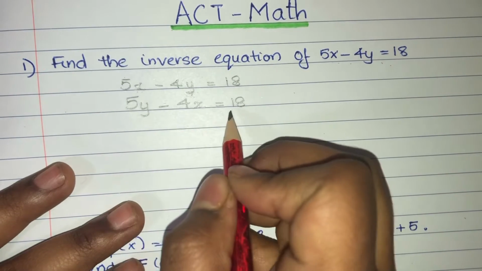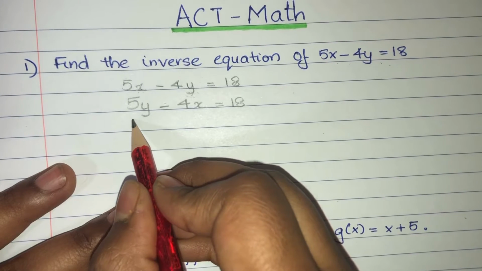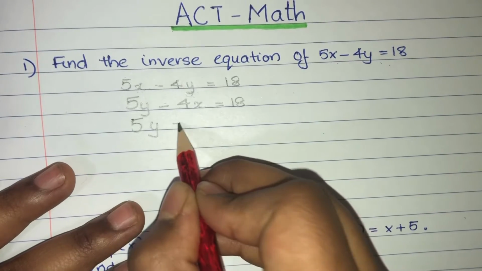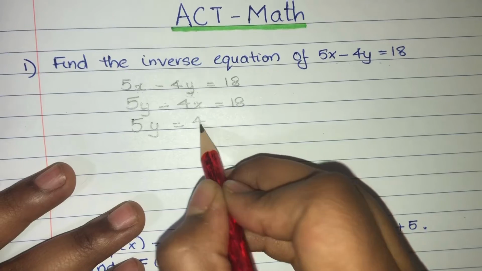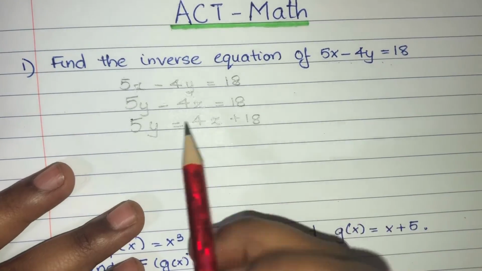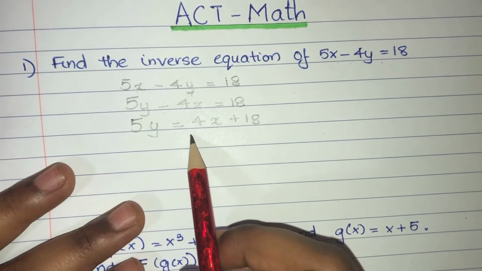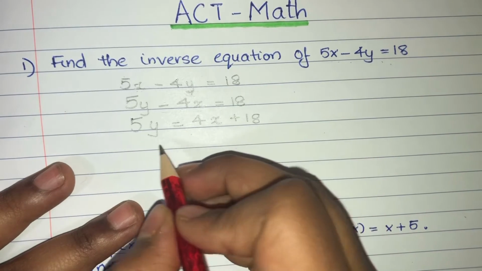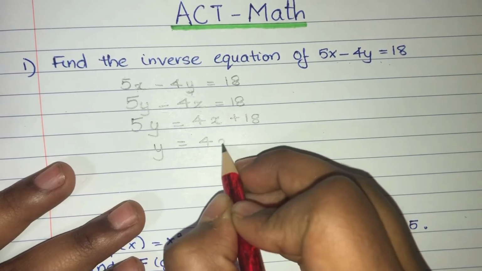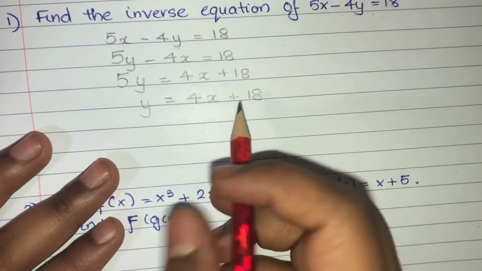Now when we solve for y, we will get 5y is equal to 4x plus 18. What I just did is I brought the minus 4x to the other side so it became positive. And now we can solve for y. So y is equal to 4x plus 18 divided by 5.